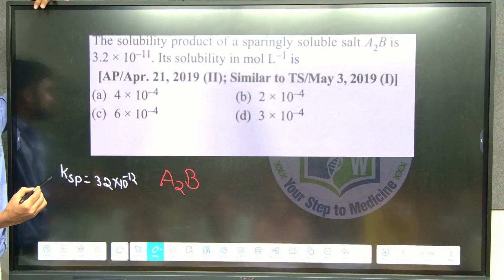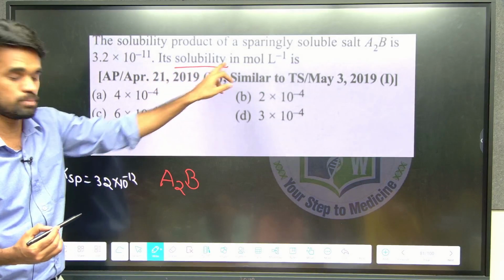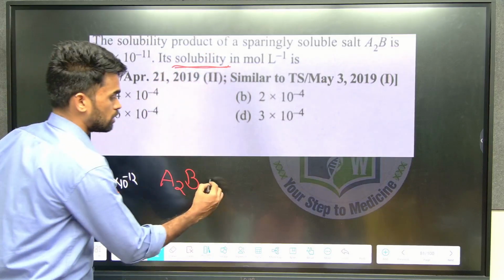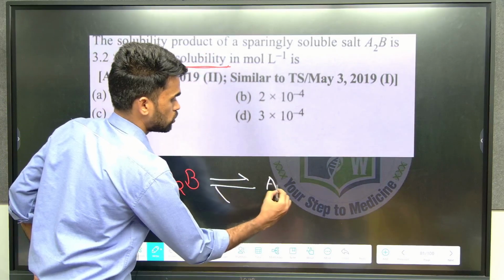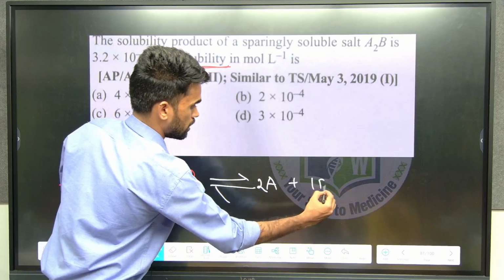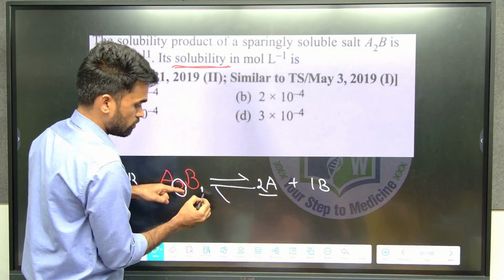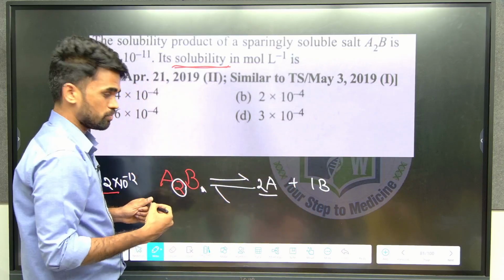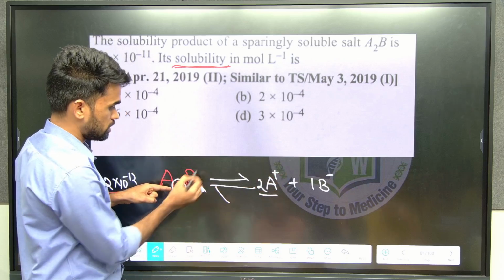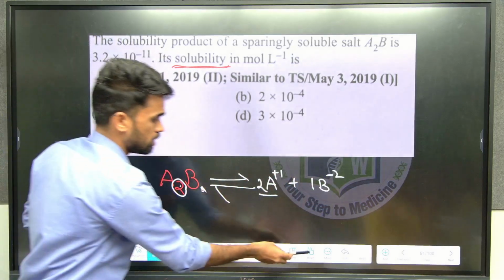Can we write it like this? Next, they are asking the solubility by giving the solubility product. What will you do here? 2 A ions, 1 B ion. Now neutralize them. It should be positive, it should be negative. But how much negative should it be? See, this here, this here.